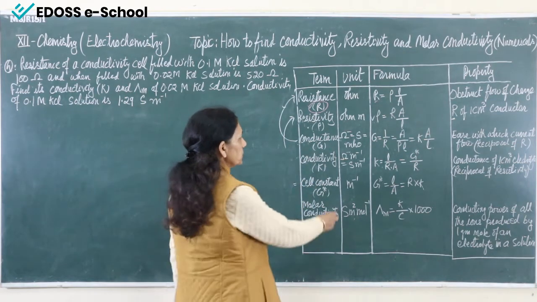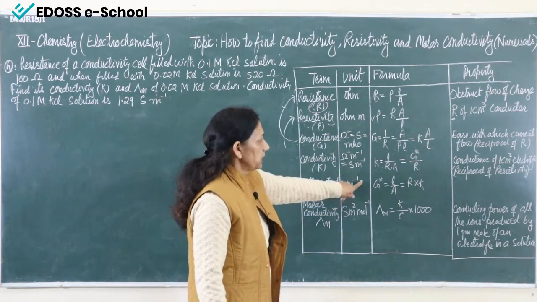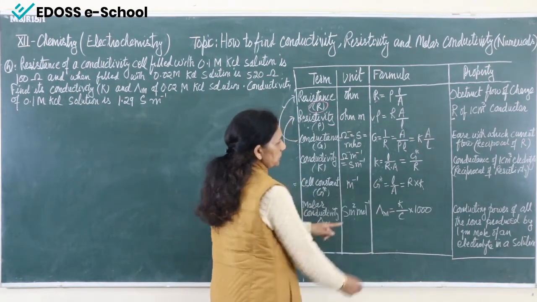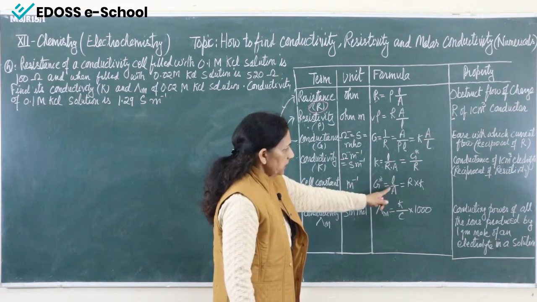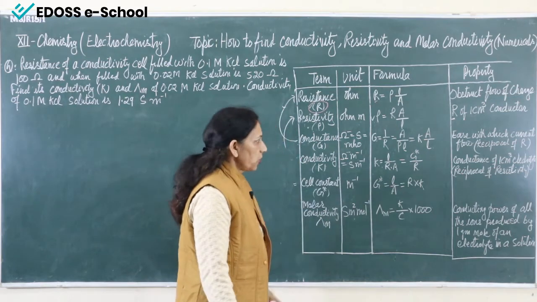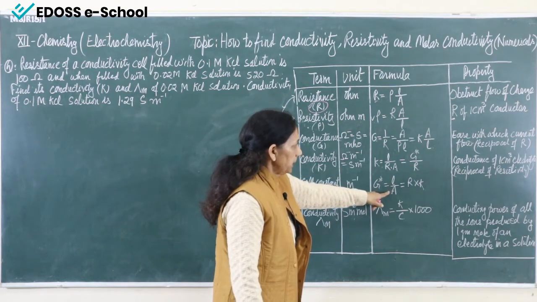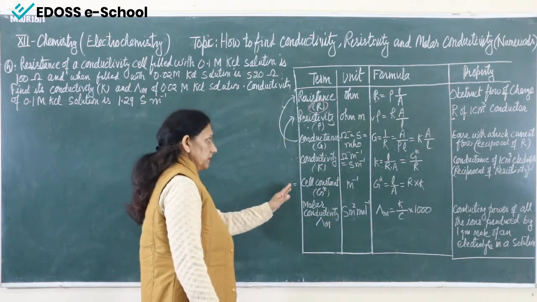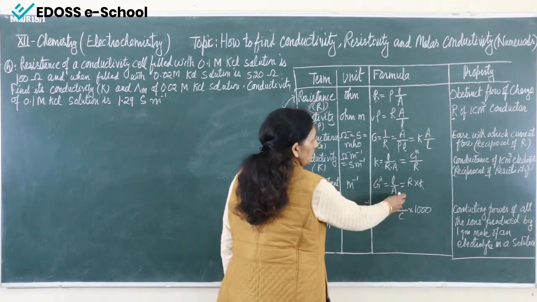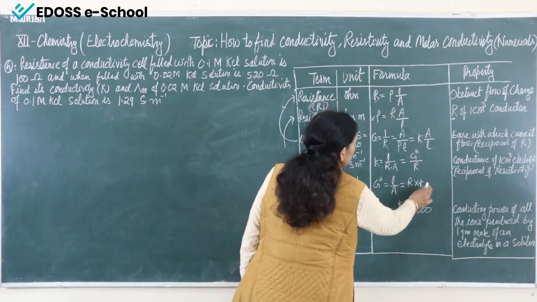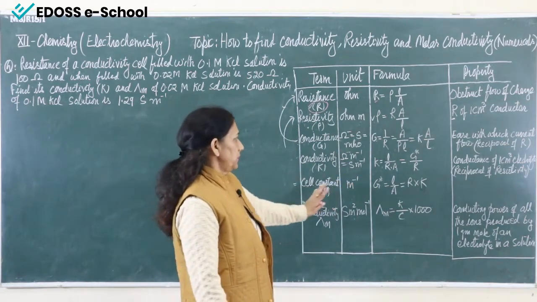Its unit is per meter, and G star or cell constant is equal to L upon A. L means the length between the electrodes, and A is the area of that conductivity cell. This is equal to R into K, where R means resistance and K means conductivity.